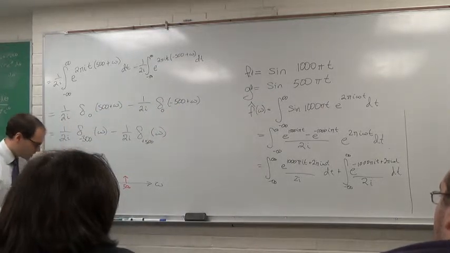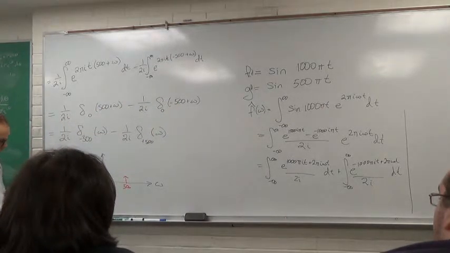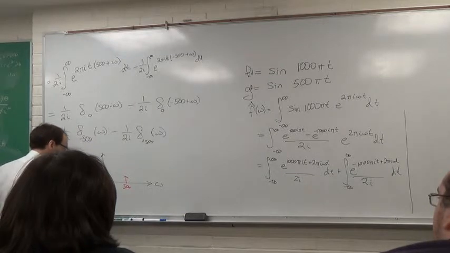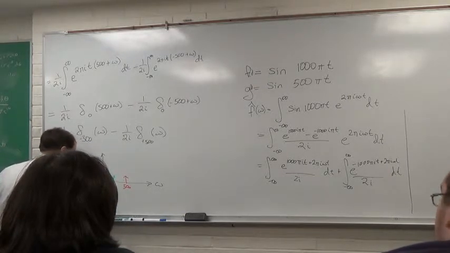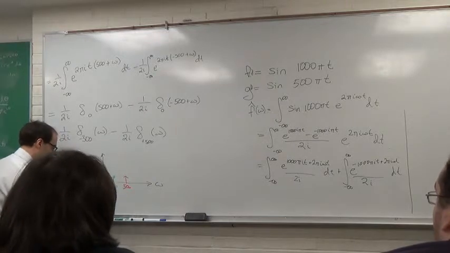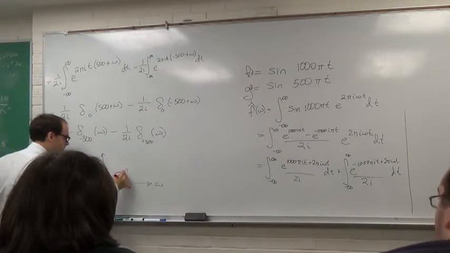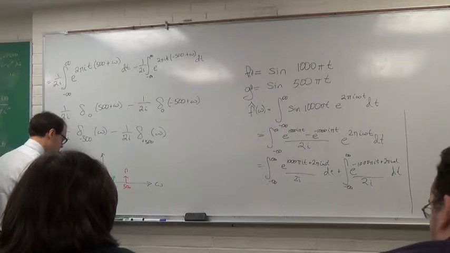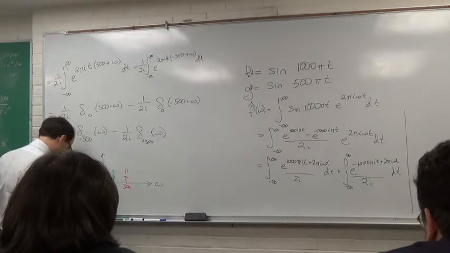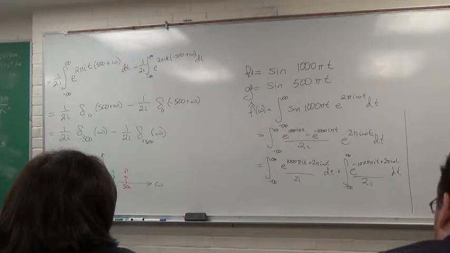Without doing computation, I think you can see it. 250. Yeah, half as wide. So the red one is f, the green one is g. Okay, so now we want to convolve these.